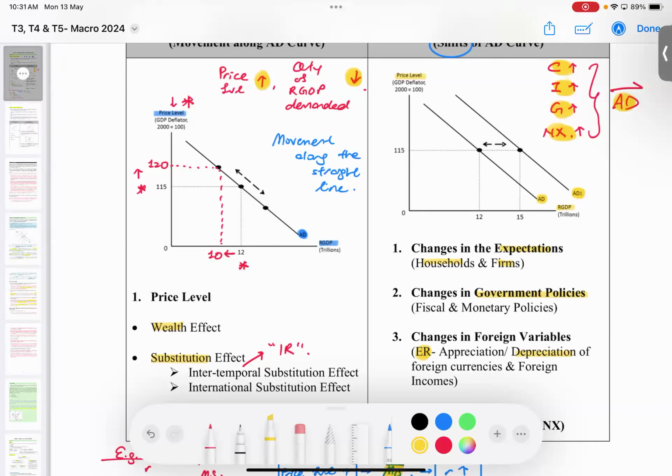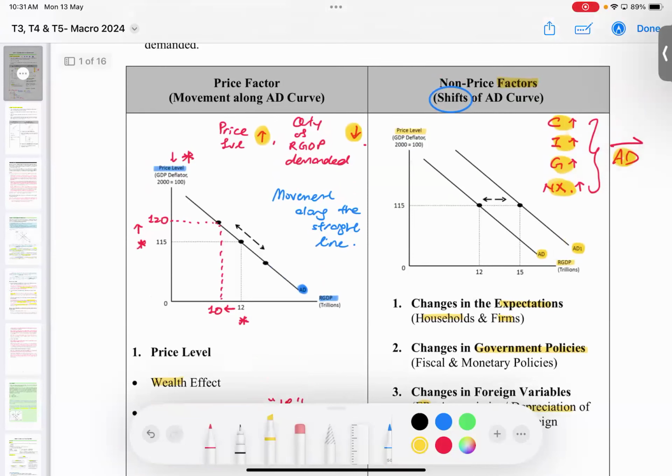So you see, people will buy more of our products not because of the price level, but because of these external factors, like the depreciation of the currency. That makes your currency cheaper, so your items will be more attractive to foreigners and locals to buy. Net exports increase, and therefore it will shift the aggregate demand curve rightwards. So that's what we call non-price factors.